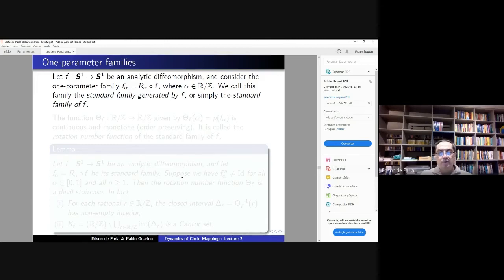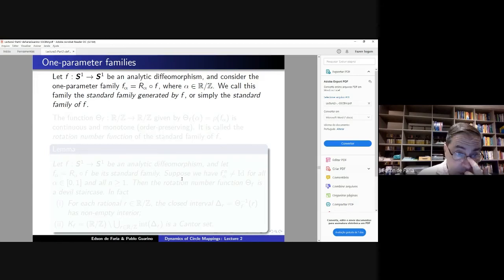So you just precompose F with R sub alpha for every alpha in R mod Z, or you can think of it as a number between 0 and 1. So we refer to it as the standard family generated by F, or sometimes just the standard family of F.